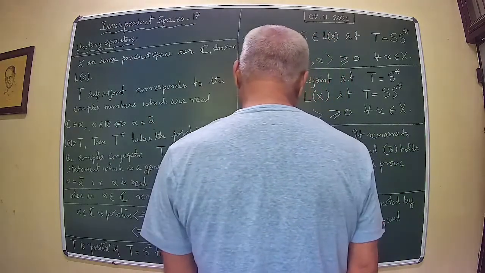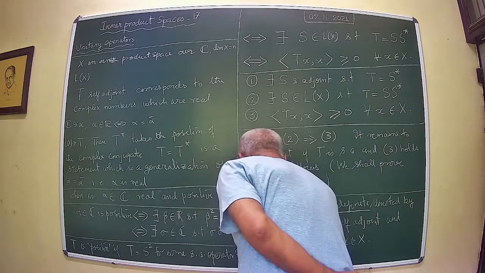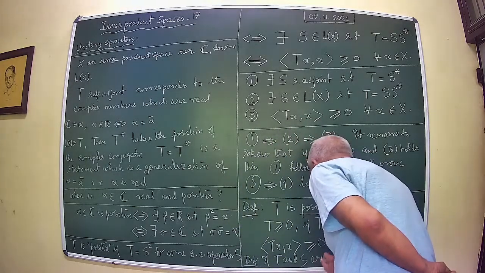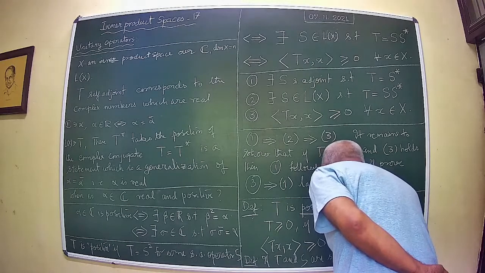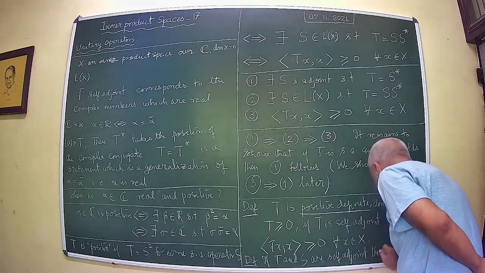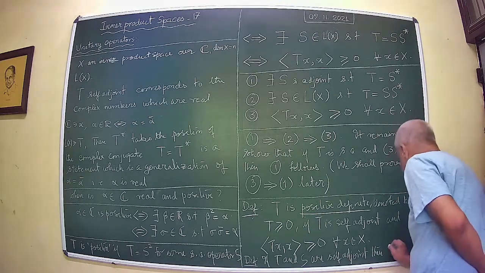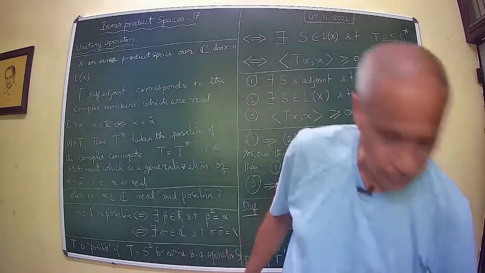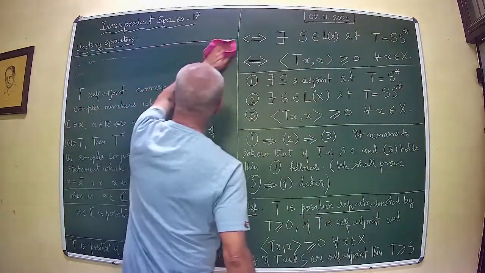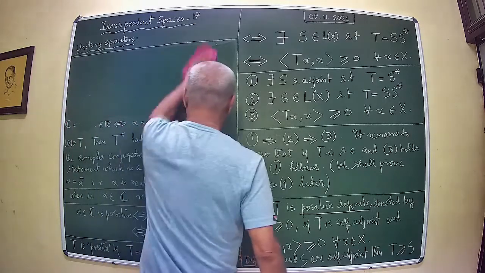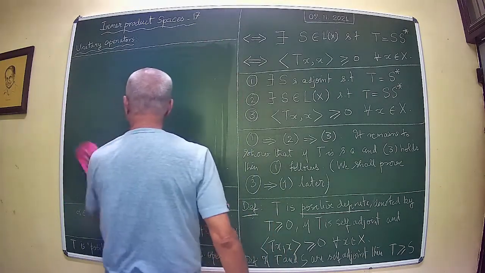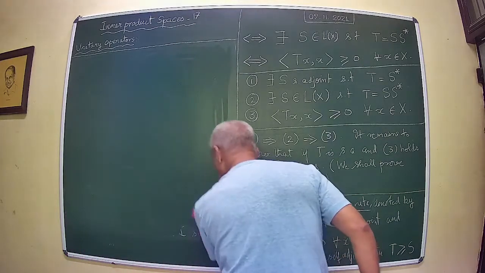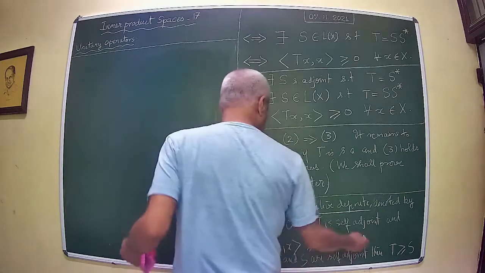So using this idea, we say that if T and S are self-adjoint, then T is greater than or equal to S if T minus S is positive definite.